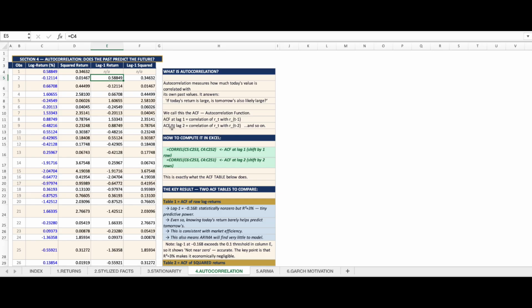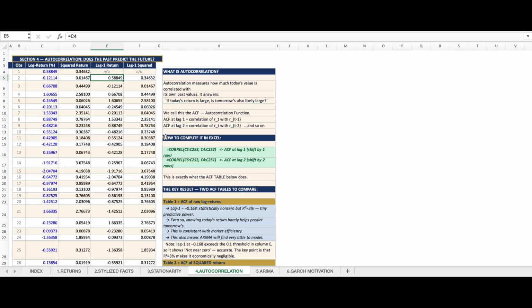We call this function the ACF, the autocorrelation function. It gives you a number between -1 and +1 for each lag. A value close to 0 means knowing the past value at that lag tells you almost nothing about today. And a value far from 0 means there is a real linear relationship which is worth capturing.